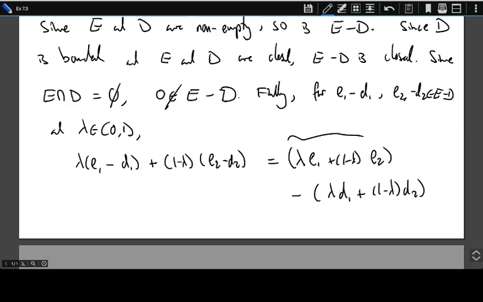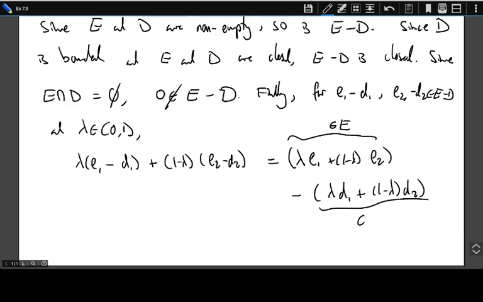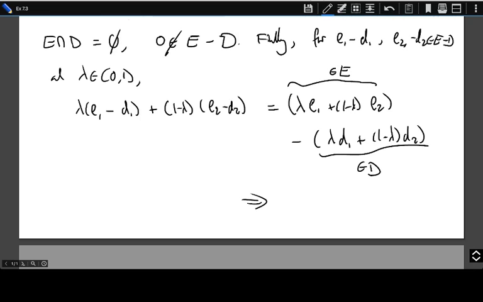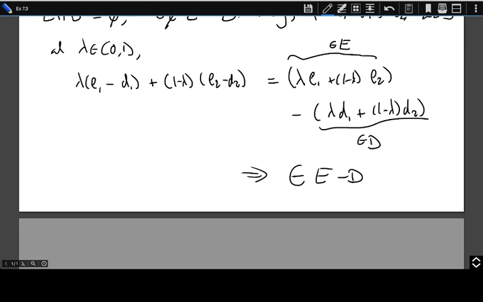Since E is convex, the first part is contained in E. Since D is convex, the second part is contained in D. And so, because we're taking the difference, the whole thing is contained in E minus D. So we have this set, E minus D. It's non-empty, it's closed, it's convex, and it doesn't contain 0.